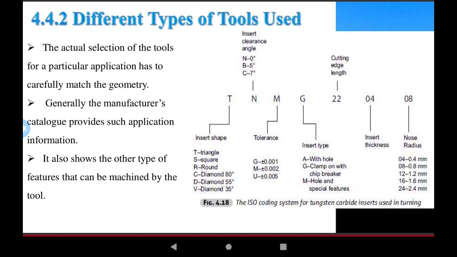The manufacturing technology provides application information for the manufacturing operations and cutting of metals. It depends on the manufacturing operations, the product size and the job applications.